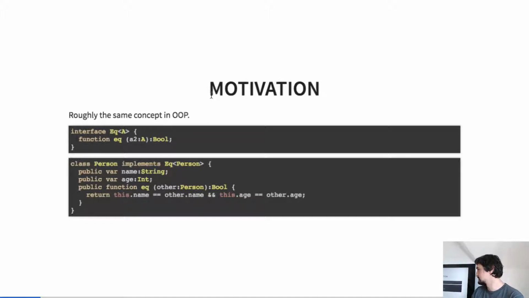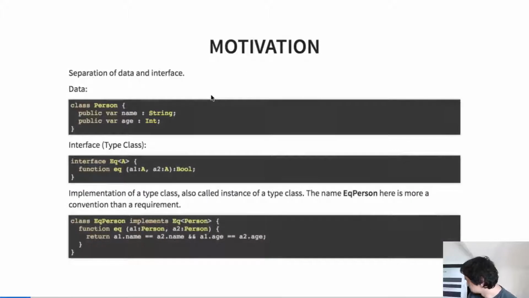So in this case, the class person implements this interface. That's a major difference between object-oriented programming and traits. For traits you separate it. You don't have to implement the interface at the same time as the data; it is totally unrelated, because it can appear somewhere else in your code.